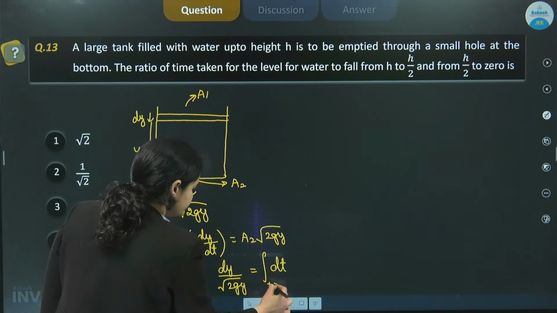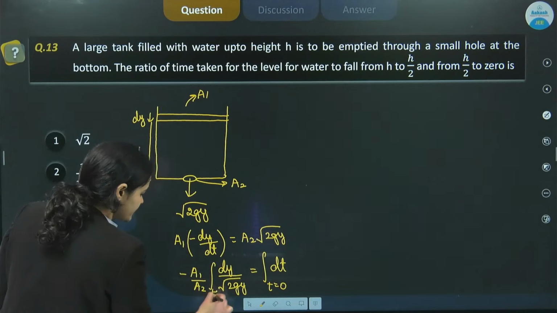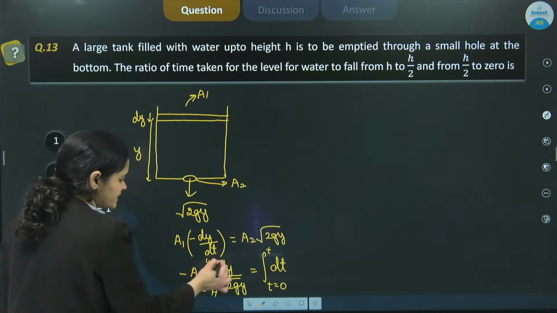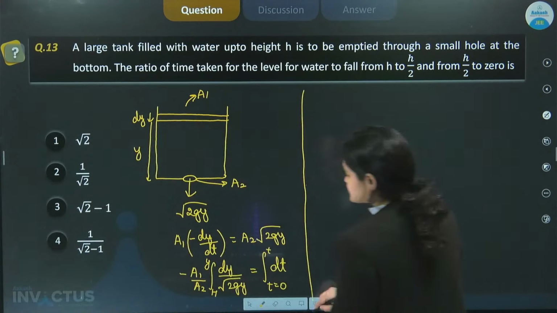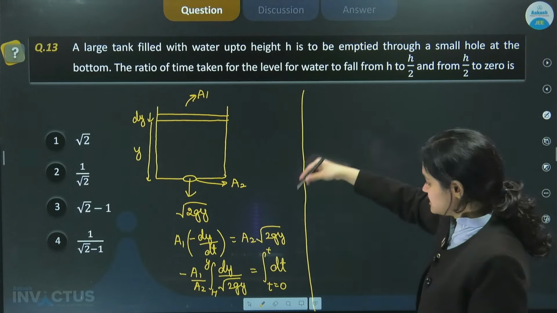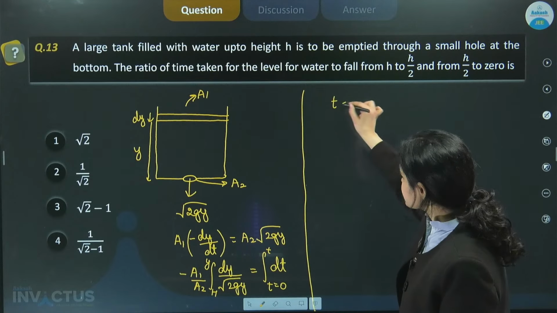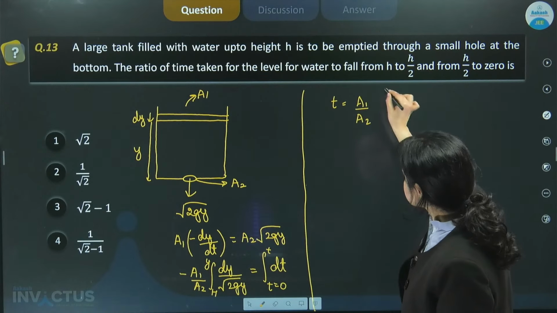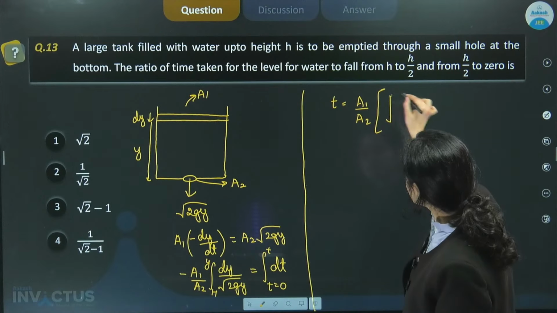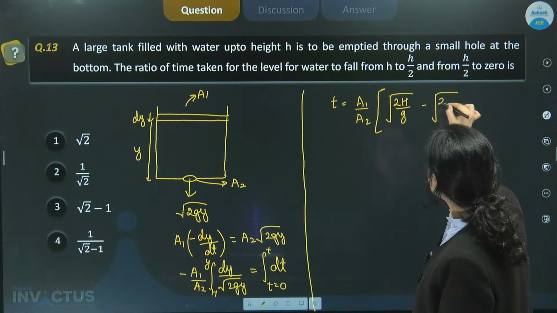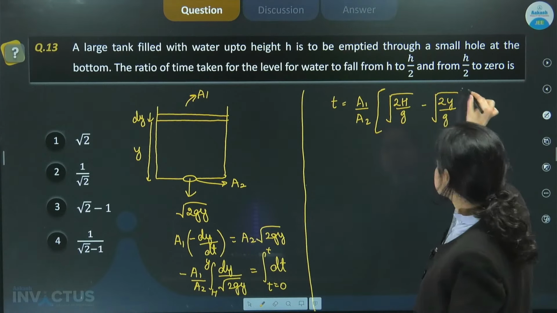Now at t equal to 0, the height was equal to capital H. At t equal to t, the height I'm assuming is suppose y. I'm leaving it in the form of y only because we have different heights given over here. So see, in this case, we actually get the time as a1 by a2. This turns out to be root of 2 times of h by g minus root of 2 times of y by g. This is what we get.